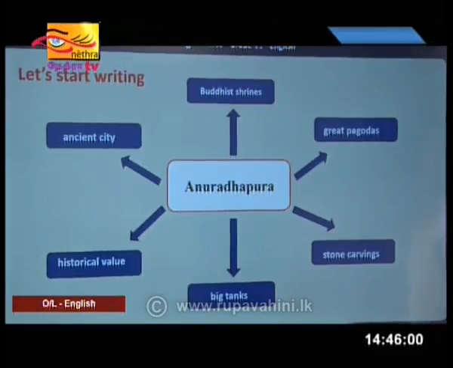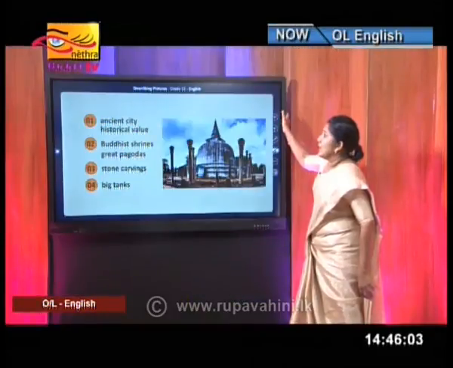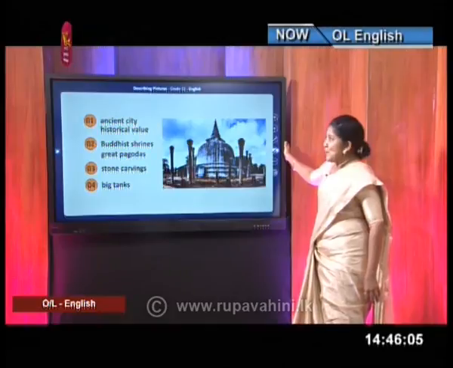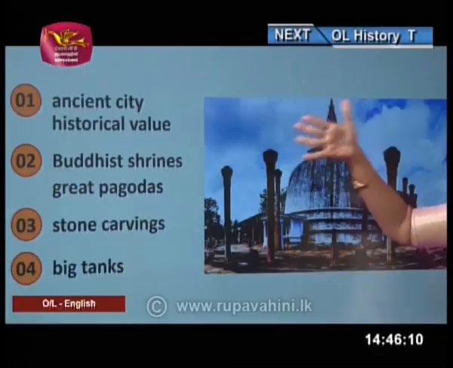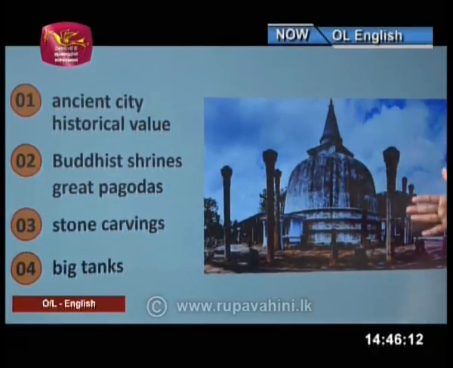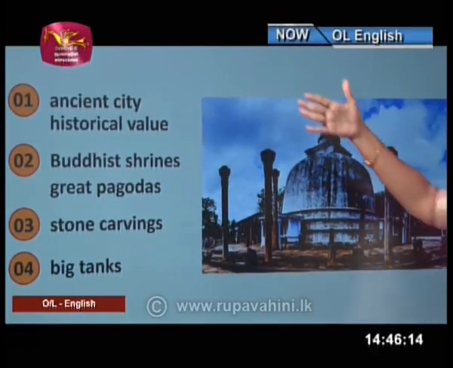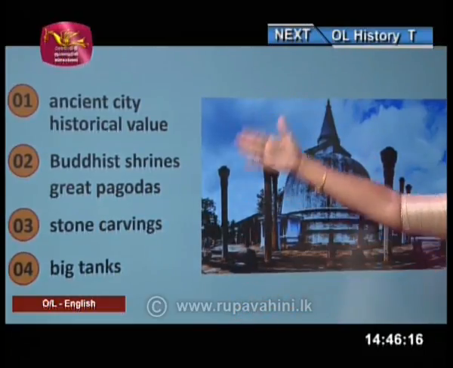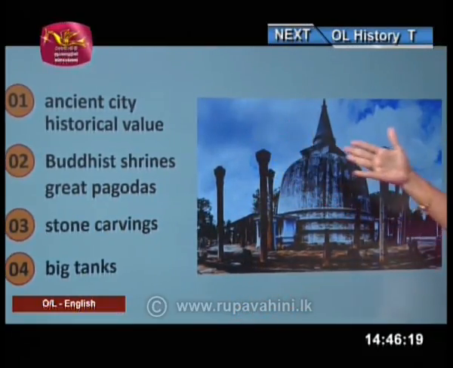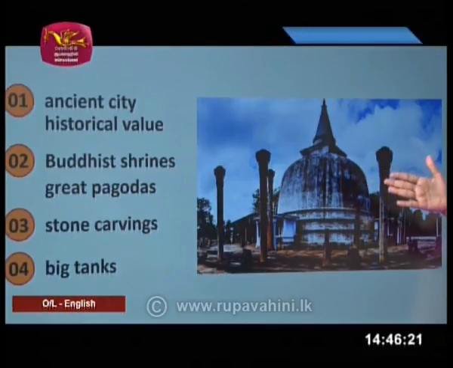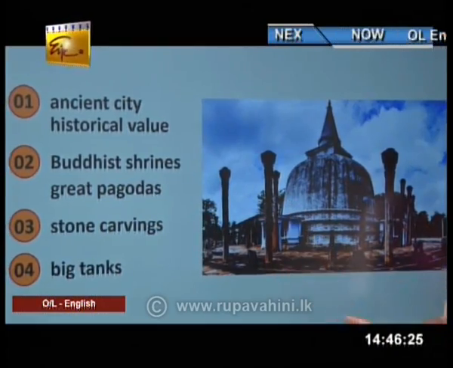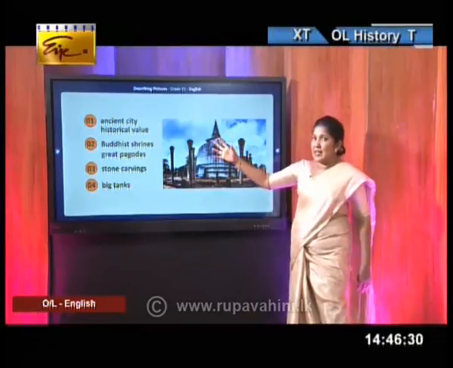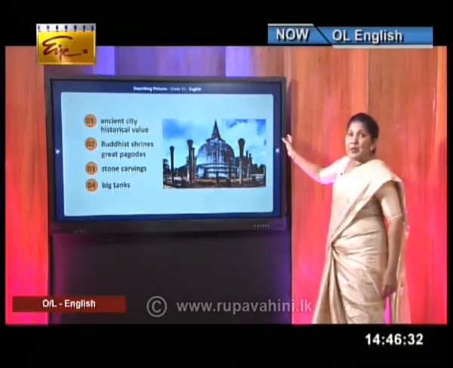So, using these words, you can make sentences. First of all, you should get down the words which are most related to Anuradhapura city, such as ancient city, historical value, Buddhist shrines, great pagodas, stone carvings and big tanks. So, using these words, you can construct your sentences to describe Anuradhapura.